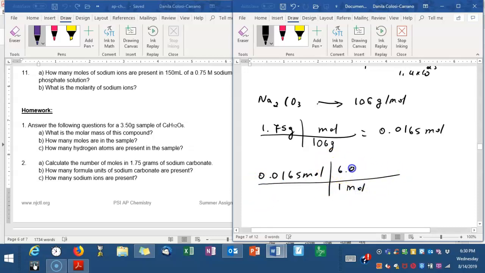So in 1 mole, there are that many molecules, right? So those are formula units for us. So this is times 6.02 E23, and you have 9.9 E21.